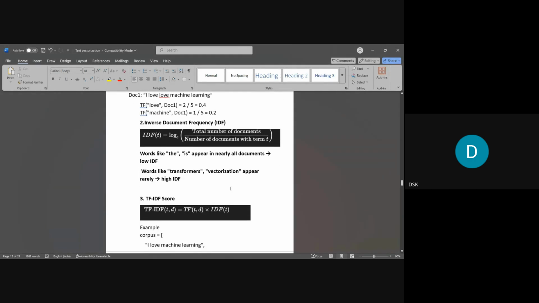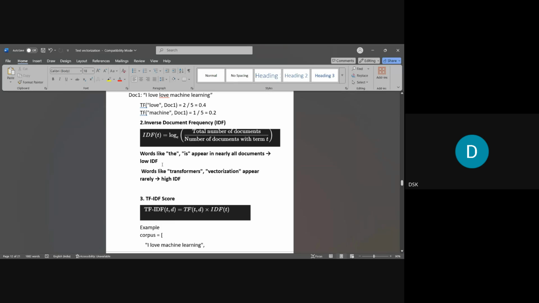So here comes the inverse document frequency, that is IDF. This will be the formula that we will be using to calculate inverse document frequency. Words like "the" appear in nearly all documents. That means it has low IDF.